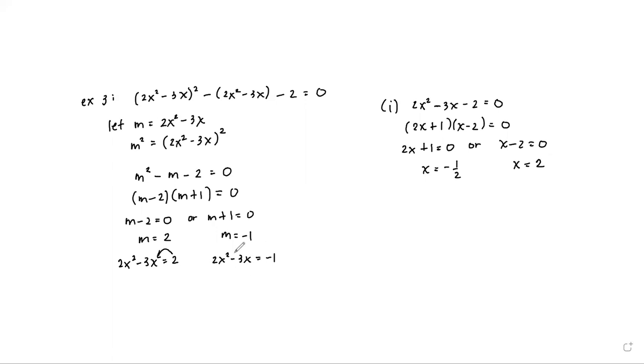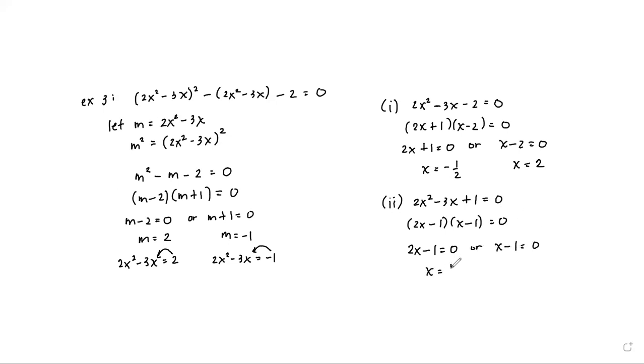Now for the second equation here, transposing negative 1 to the other side, we get 2x squared minus 3x plus 1 equals 0. And then again, factoring the following, we will be getting 2x minus 1 times x minus 1. And again, using the zero product property, we equate both factors to 0.